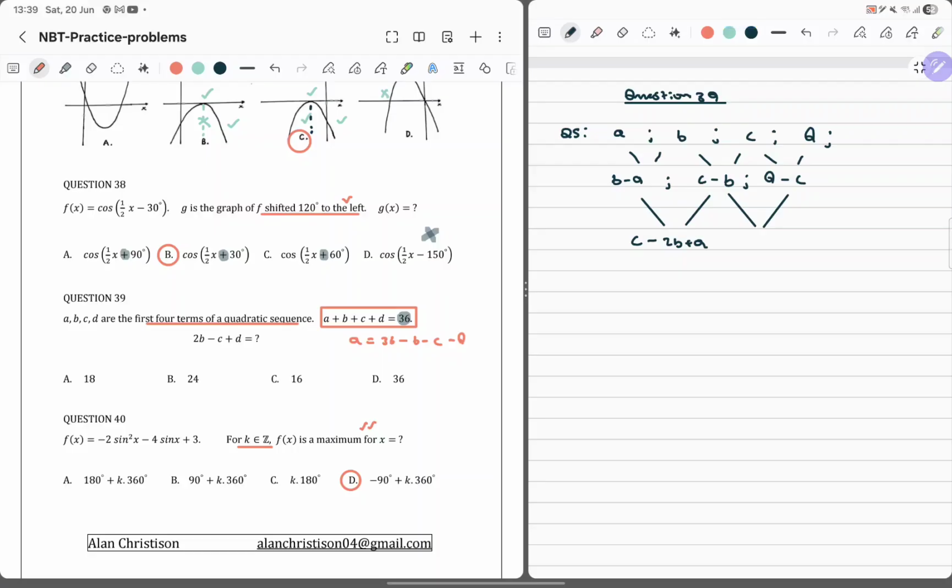So what we're gonna get is d minus c minus into c minus b. So this is d minus c plus b. So d minus 2c plus b. All right, that's what we get.